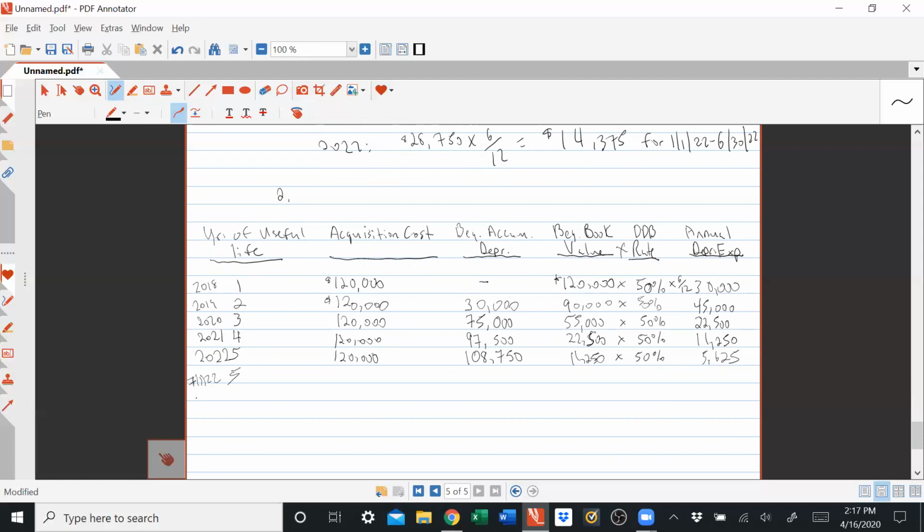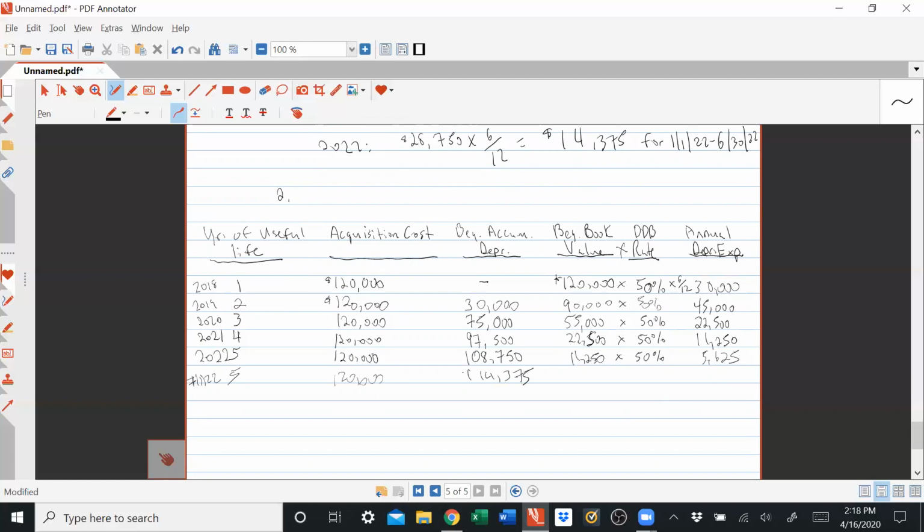But as of 7/1/2022, if we went ahead and kept doing this, beginning accumulated depreciation would be 108,750 plus 5,625, 114,375.